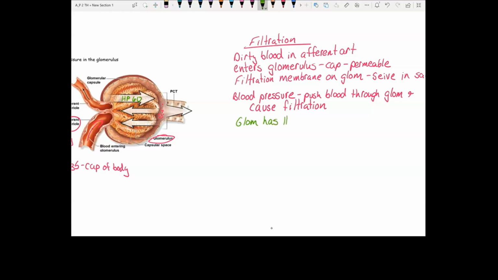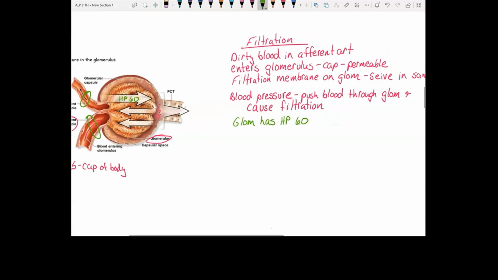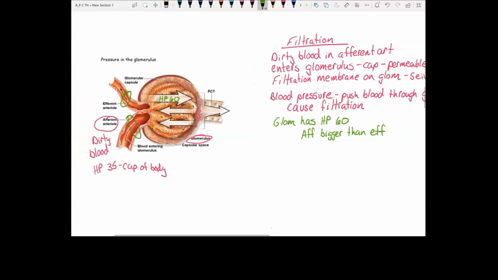Remember, HP stands for hydrostatic pressure. So that's the blood pushing against the walls of the capillary. The reason the HP is so high in the glomerulus is the difference in diameter of the afferent and efferent arterioles. See how the afferent is so much bigger? So you have a big input, but a small outlet. So the entrance is really big. It's letting lots of blood in.